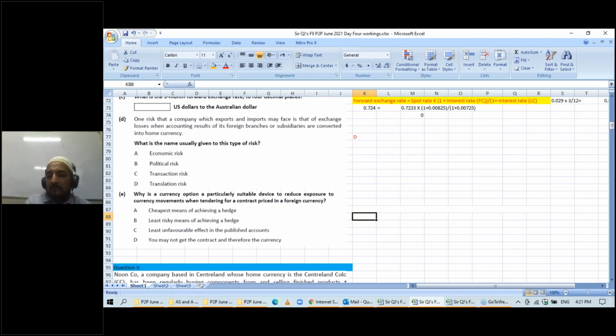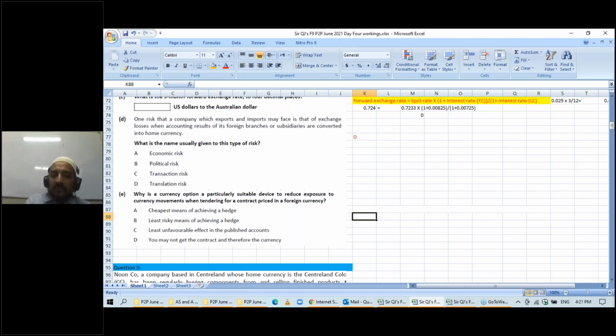Otherwise you can let the option lapse. If you don't want the foreign currency, leave it. You won't be penalized for it. So it's not a binding contract. In this case, the best option is D. You may not get the contract and therefore the currency.